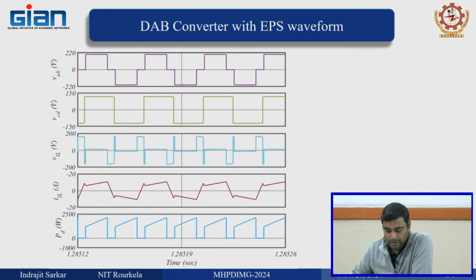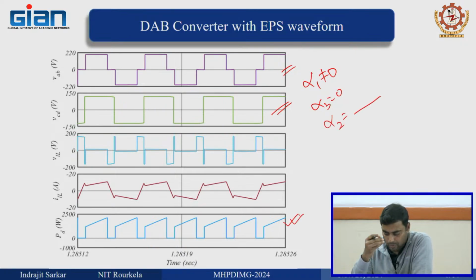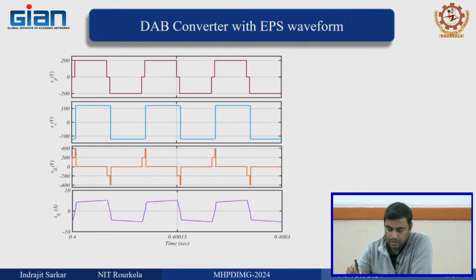Then in EPS, you run with alpha 1 not equal to 0 and alpha 3 equal to 0. That is why the secondary voltage is a square wave, the primary voltage is a quasi-square wave, and you play with alpha 2 and get the output power result. This is another EPS waveform.